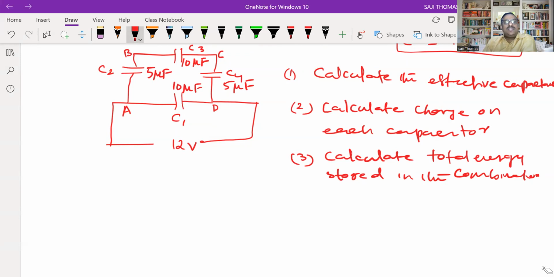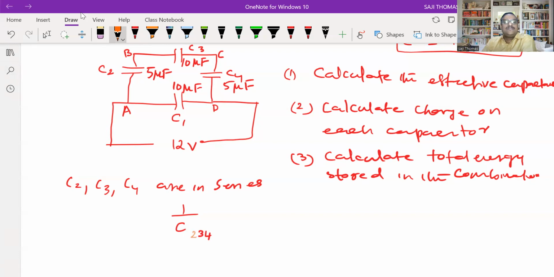So first you find the equivalent of C2, C3, C4, which are in series. I write it as 1 by C of 2, 3, 4, the equivalent of capacitors 2, 3 and 4.